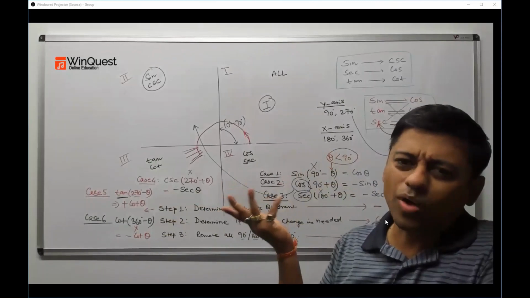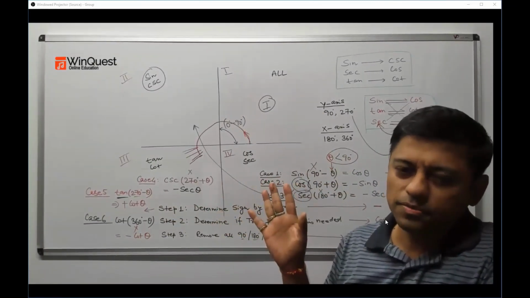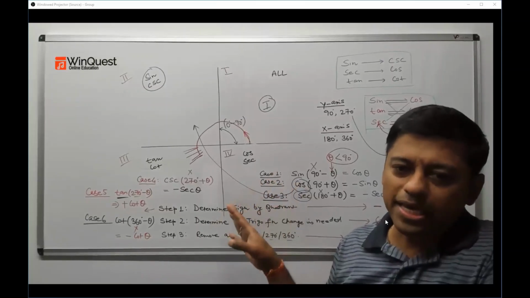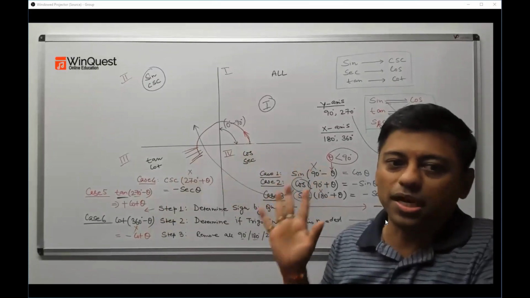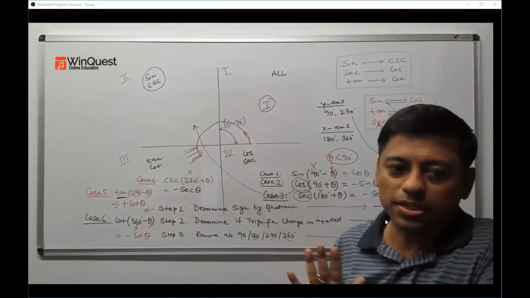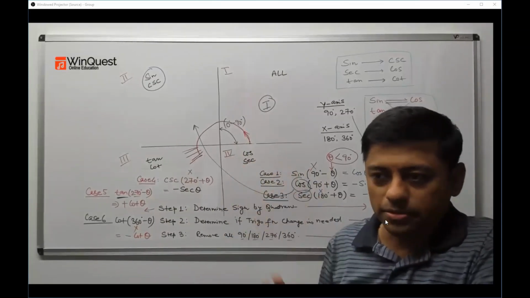You will wonder why it is written like that. It's very difficult to understand. But if you follow the logic that I gave you, you will know exactly why it is written like that. So this is the idea behind it.